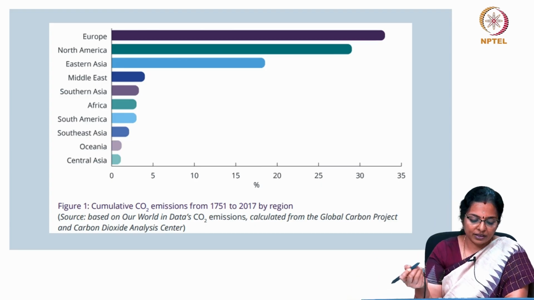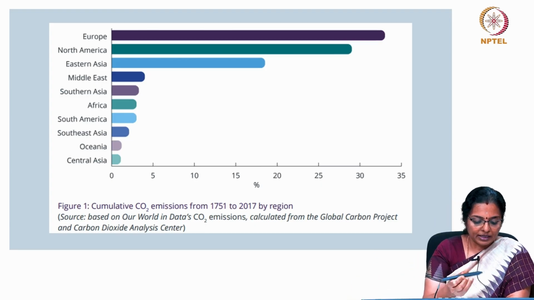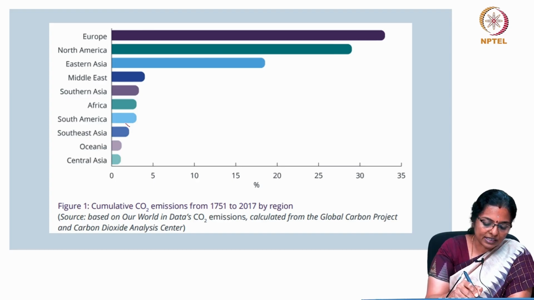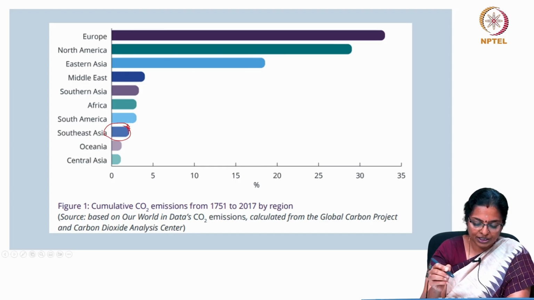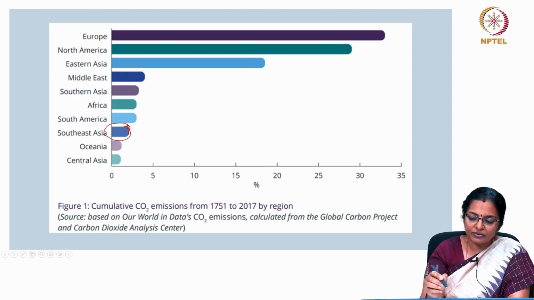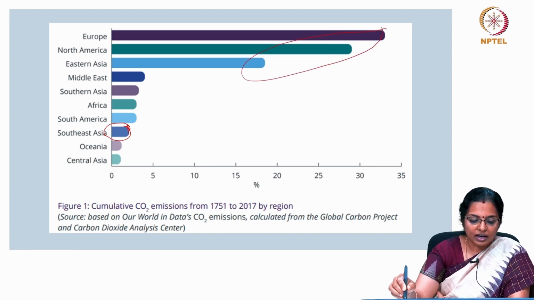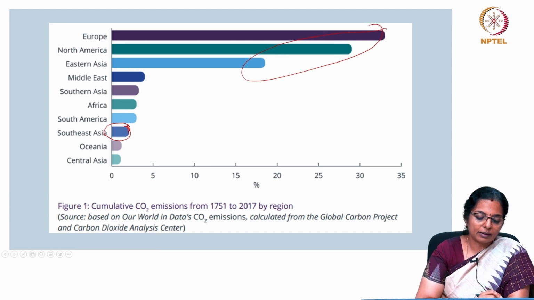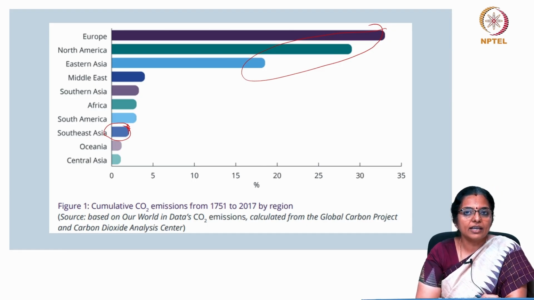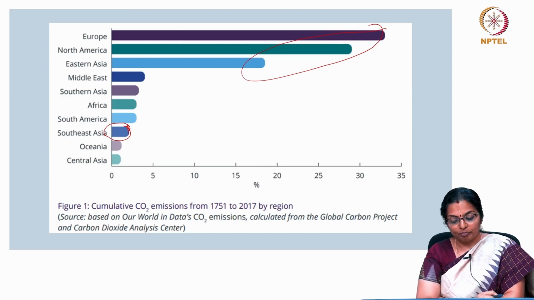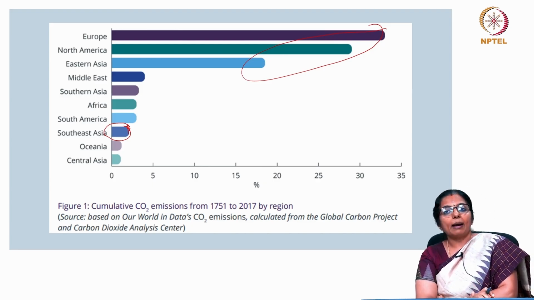From this graph, you can see that the carbon dioxide emission of Southeast Asia is by far less than that of either Europe, North America and Eastern Asia, clearly indicating that the per capita consumption would be very, very less.